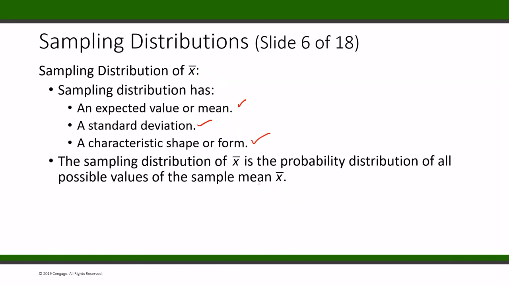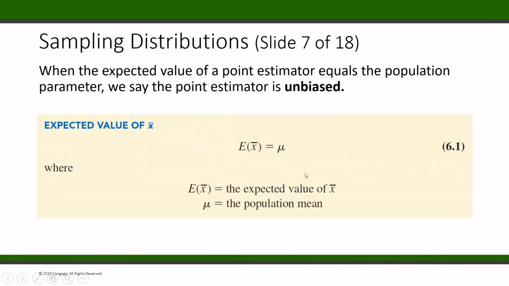So we can say that the sampling distribution of X bar is the probability distribution of all possible values of the sample mean X bar. When we say that the sample point estimator equals the population parameter, we mean this: we found X bar 1, X bar 2, up to X bar 500, and then took an average of all of them.